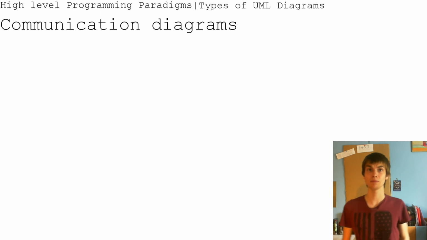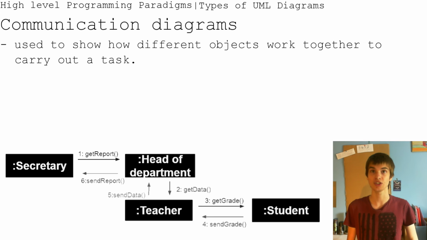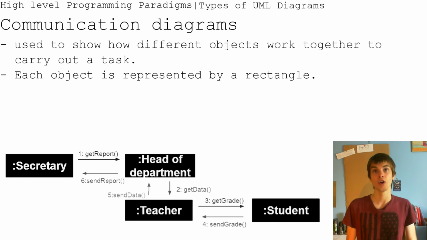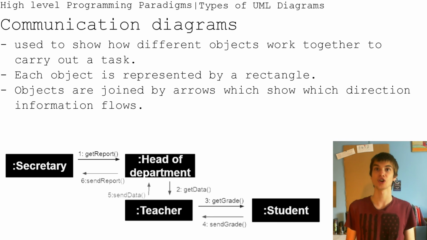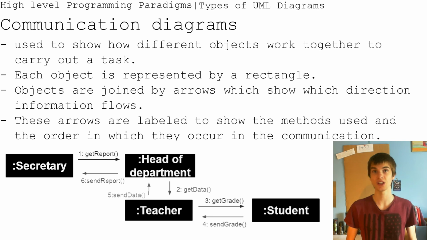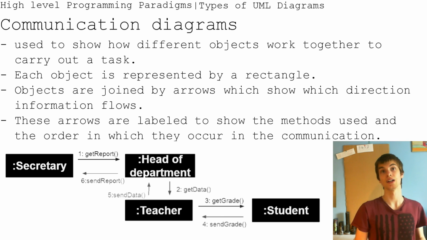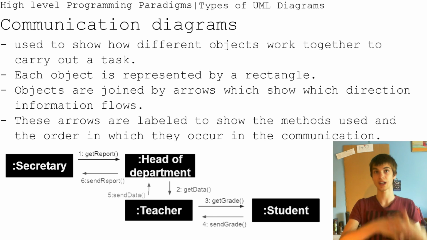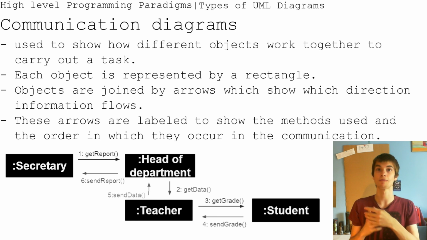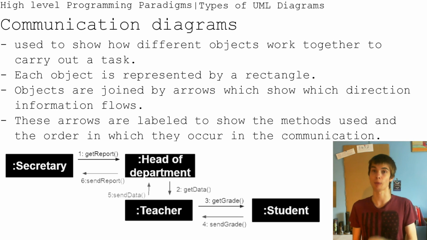Now a communication diagram is used to show how different objects work together to carry out a task. Each object is represented by a rectangle. Objects are joined by arrows which show which direction information flows. These arrows are labelled to show the methods used and the order in which they occur in the communication. So there's the secretary. First, get report, so it's telling the head of department to get the report, but then the head of department needs to get the data from the teacher, who needs to get the grades from the student.